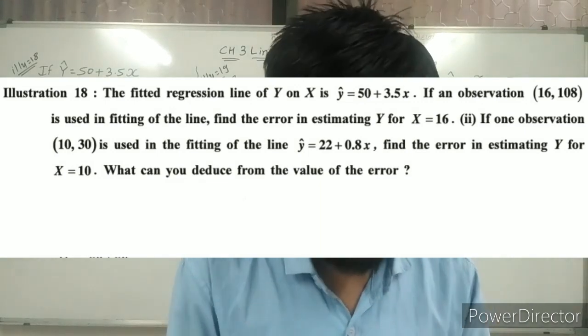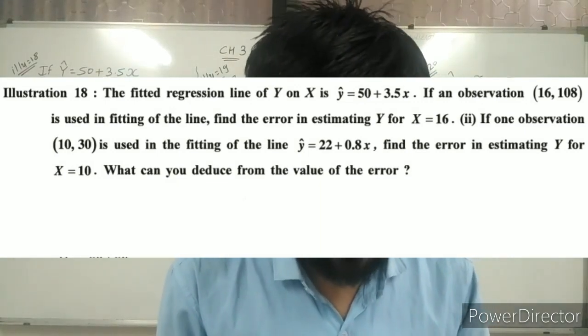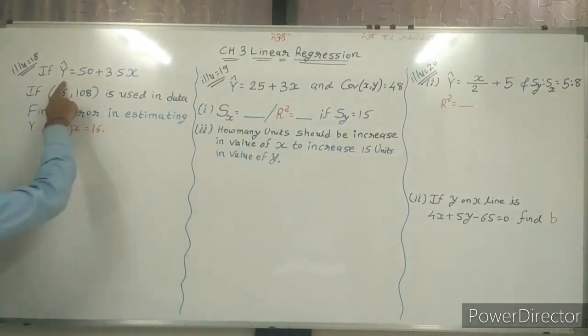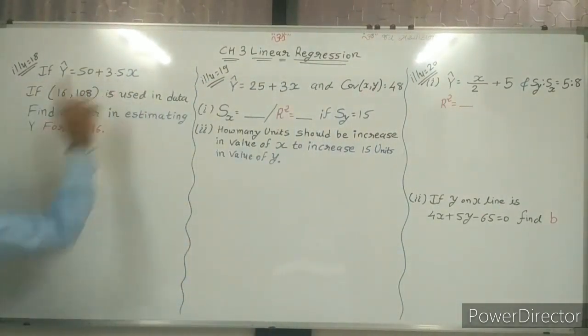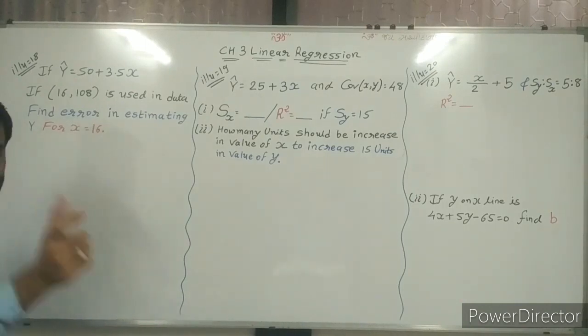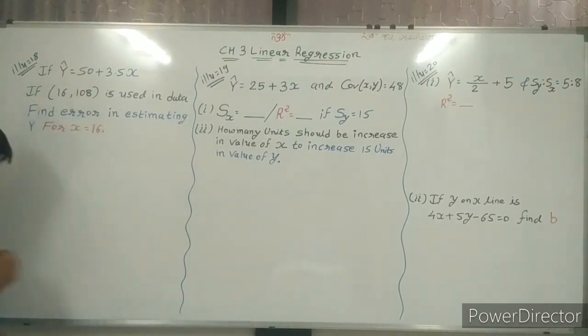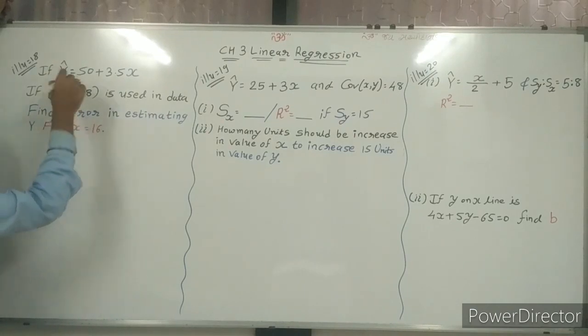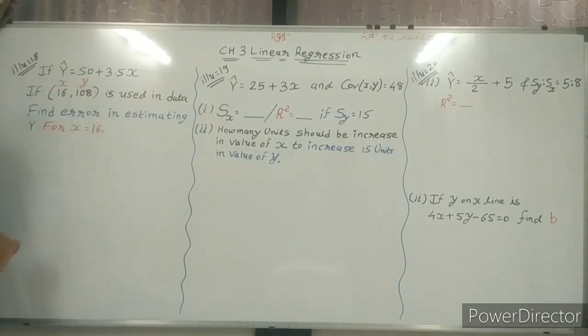Now I have written this question on the board. Y cap is equal to 50 plus 3.5x. One pair of observation is taken, 16 and 108. Here 16 is the value of x and 108 is the value of y.